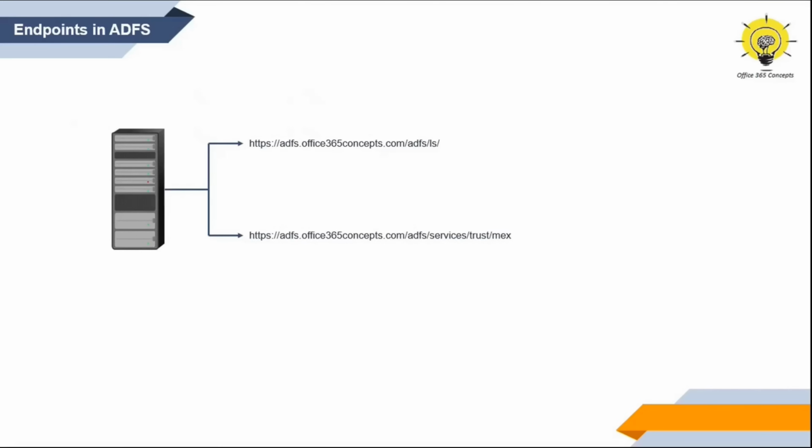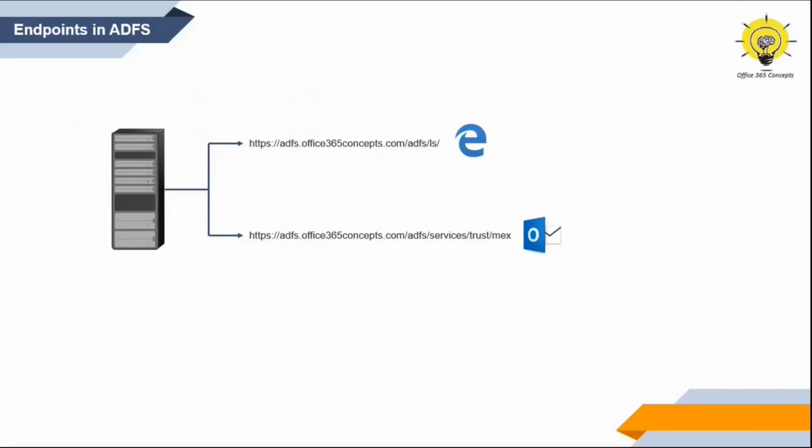The /adfs/ls endpoint is responsible for receiving requests from web-based applications. That means if a user is trying to access a web-based application, that request will be processed by the /adfs/ls endpoint. And if a user is trying to access a rich client application, that request will be processed by the trust/mex endpoint. Here MEX stands for metadata exchange.